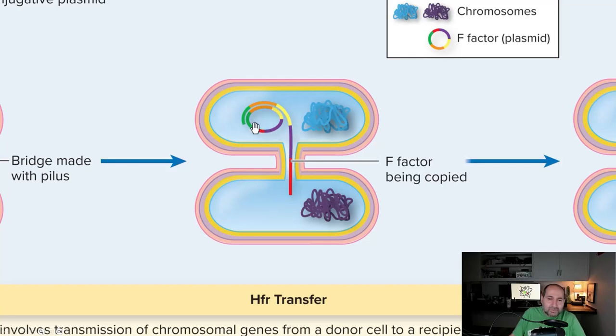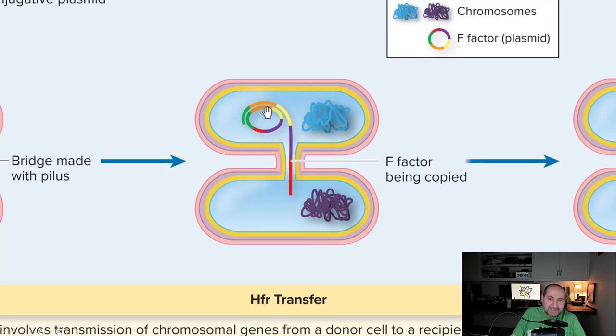This is known as rolling circle replication. This is how the plasmid is copied, and a copy of that F factor is sent to the recipient cell. And remember, in conjugation, genetic information only goes from the donor cell to the recipient cell.